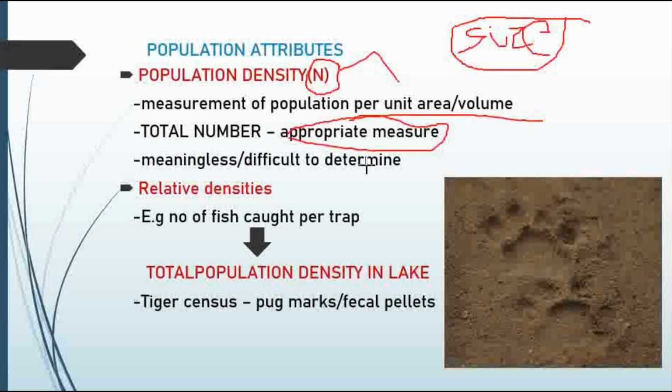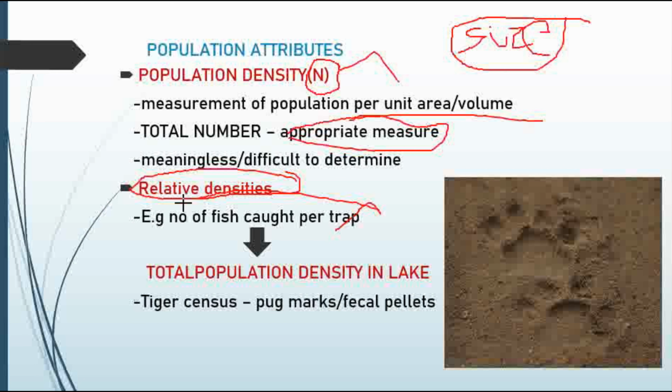And also coming to relative densities, what are relative densities? It is an indirect measurement. Without measuring directly, indirectly, when we are unable to get the exact numbers, you go for this term relative densities. For example, the number of fish caught per trap.